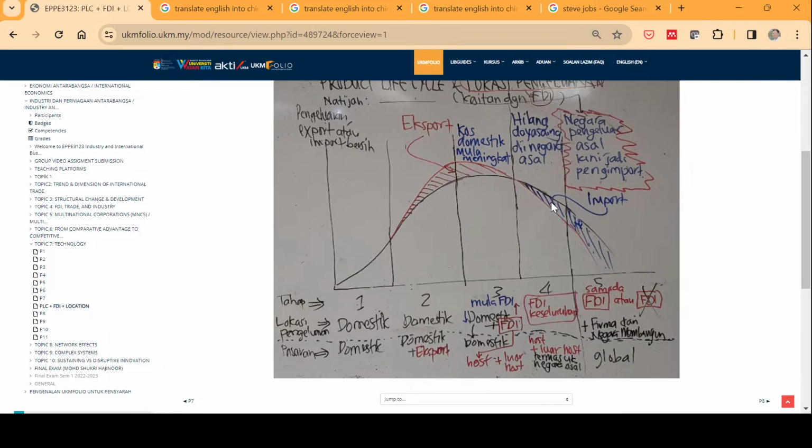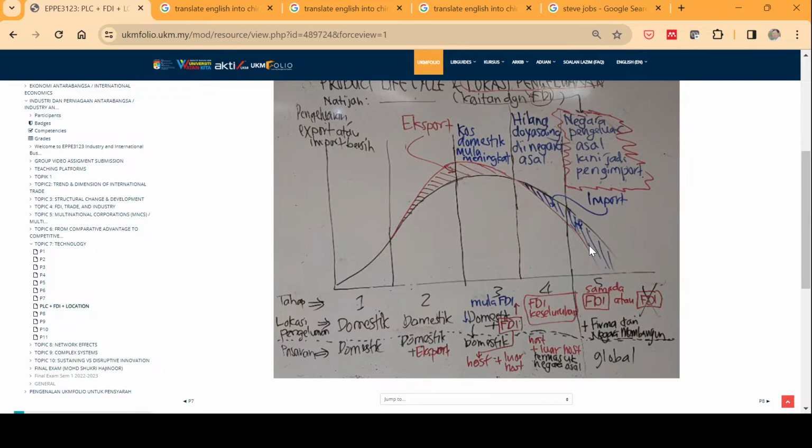So whether they will continue to do FDI or not depends on whether the product is still sellable and there's still a market for it, and we're going to study that in our final chapter, which is disruptive technology, disruptive innovation. A product will become obsolete.